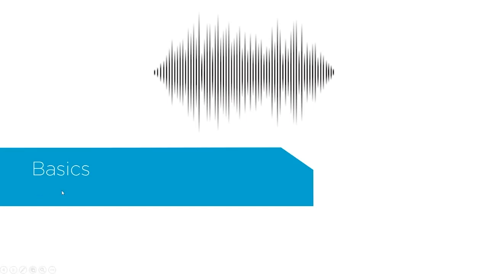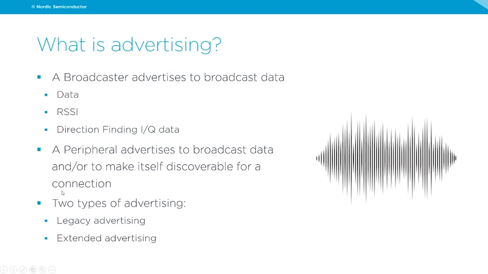What is advertising? A broadcaster advertises to broadcast data. It can be sensor data, like humidity or temperature data, or it can contain the name of the device, any kind of data. And it's not only data that is contained in the advertising packet, it also contains other information.